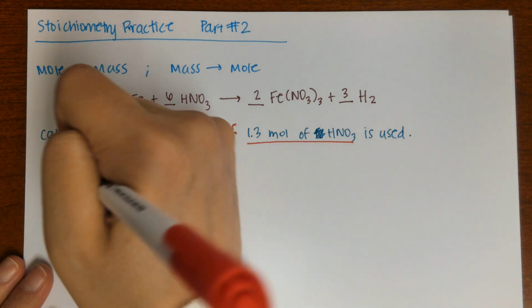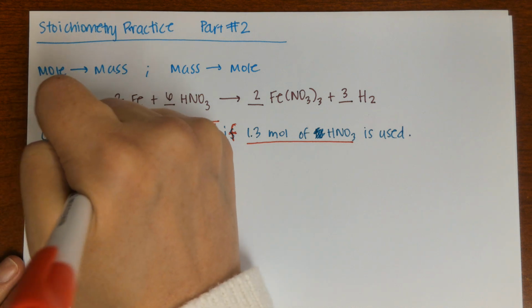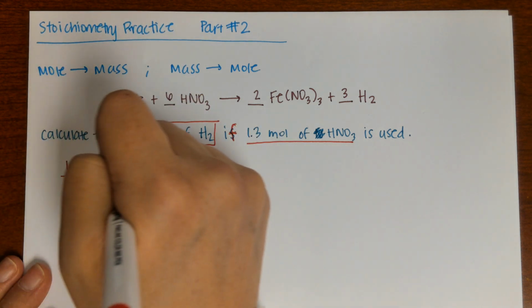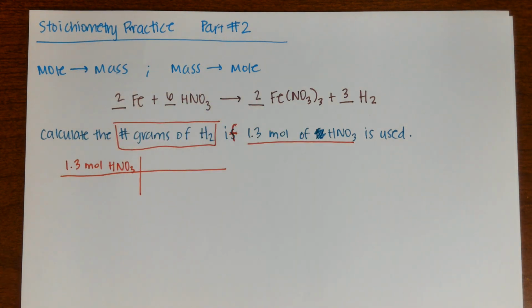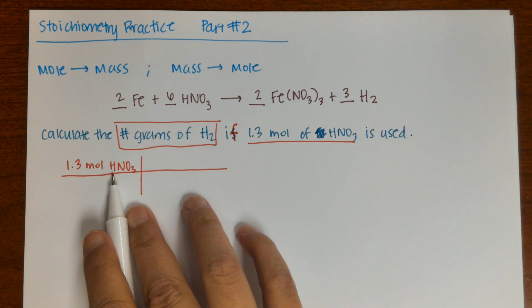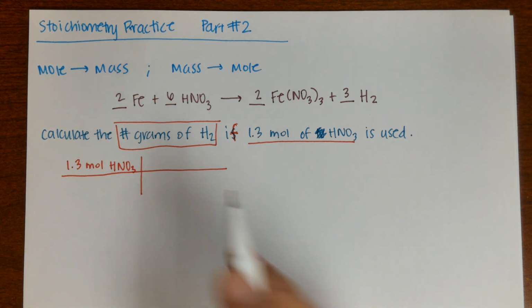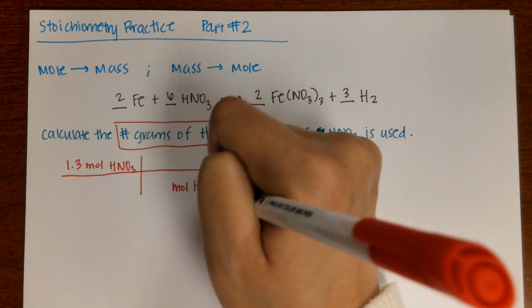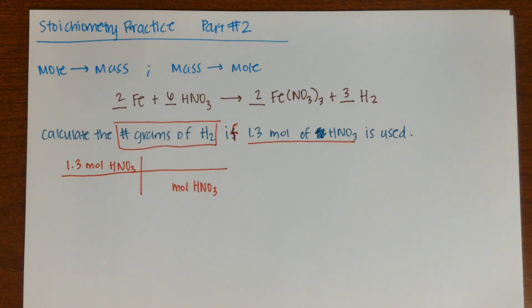Okay, so we always start with what we're given, 1.3 moles of HNO3. And again, units are very important, so I'm going to pull that unit down to the bottom right, mole HNO3.